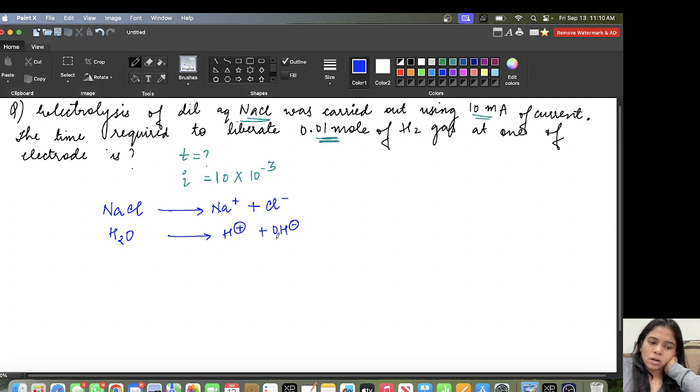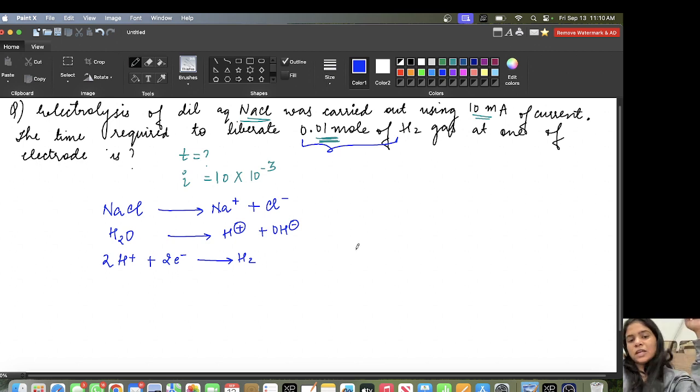Now the time required to liberate 0.01 moles of H2. So how will the H2 form? 2 H+ plus 2 electrons will have to do to give you H2. Correct? We cannot do H+ plus electron, otherwise it will give half H2. But we need H2, so we are doing 2 H+ plus 2 electrons.